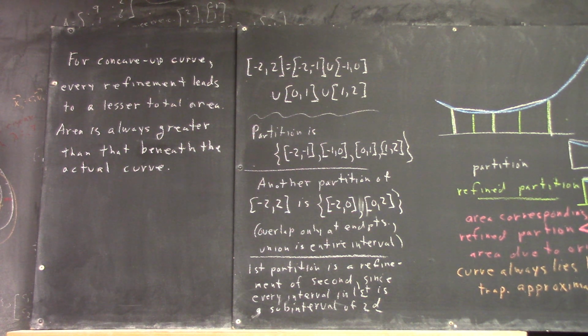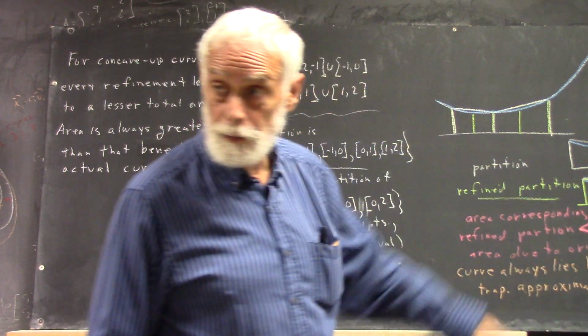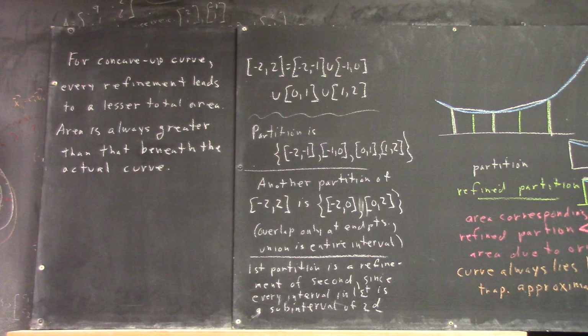Okay? And we've seen why that is. These pictures show pretty clearly. We want to think about it to really understand it. Okay, area is always greater than that beneath the actual curve. So what's our conclusion?